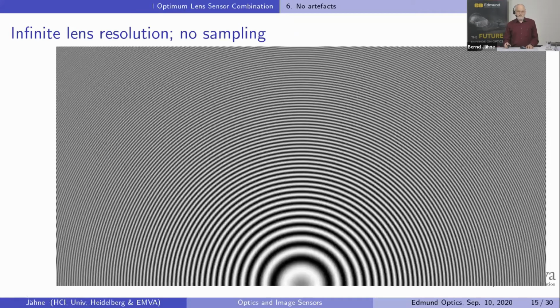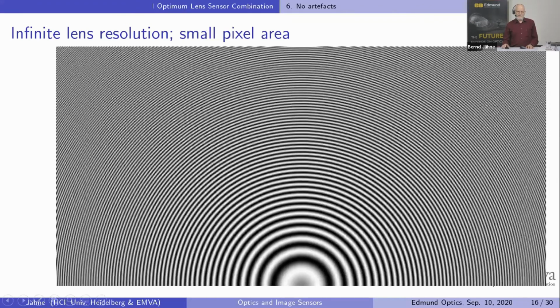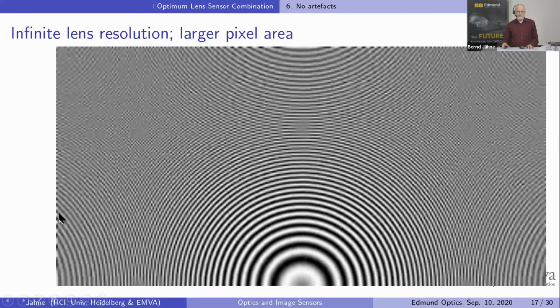Now, if you integrate this signal, assume we have a certain pixel of a certain size and we integrate the whole signal over it, then you can see even with small pixels, you start seeing some artifacts here. And if you increase the pixel size, that gets really worse. You simply see wrong structures. You have probably all seen that. It's called aliasing or moire effects.